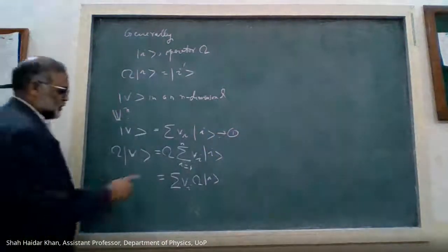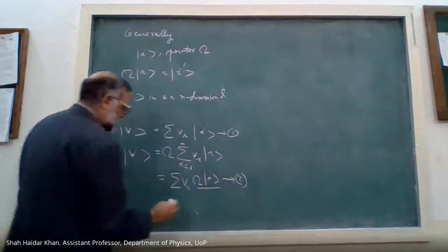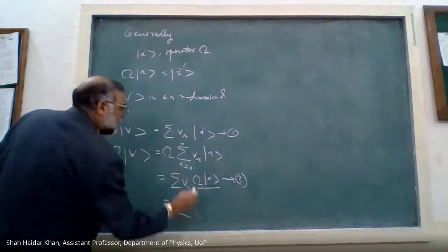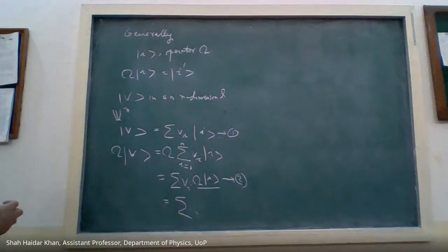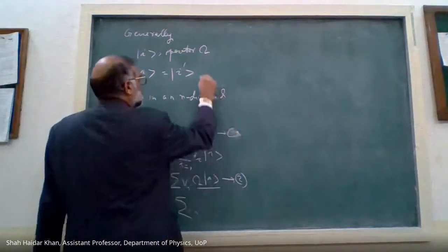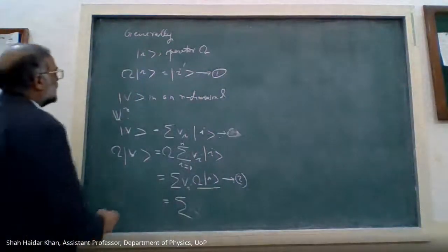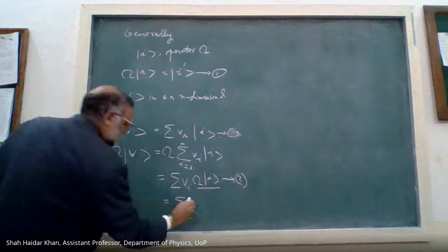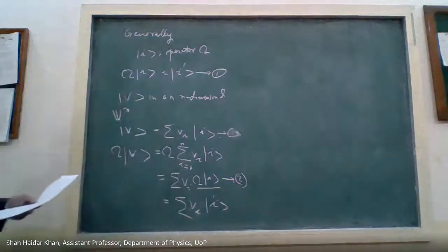So we know from equation number 1, this is equation number 1, that omega I is equal to I prime.